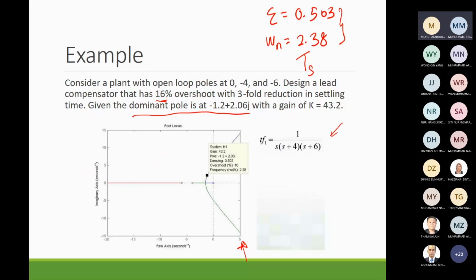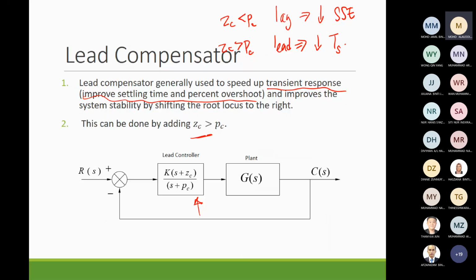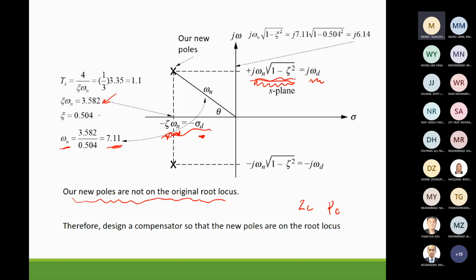If you are not given this information, you can determine the damping ratio from percent overshoot, and you can determine the frequency from the dominant pole here. So always remember the dominant pole 1.2 equals damping ratio times omega n, and then 2.06 equals this formula here.